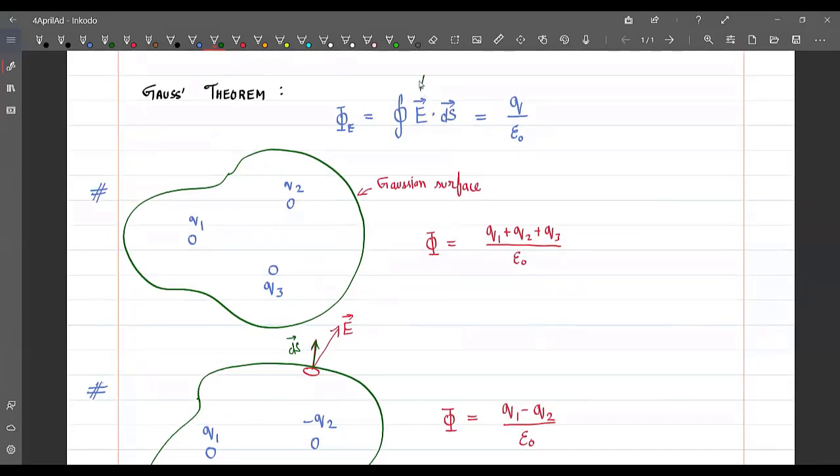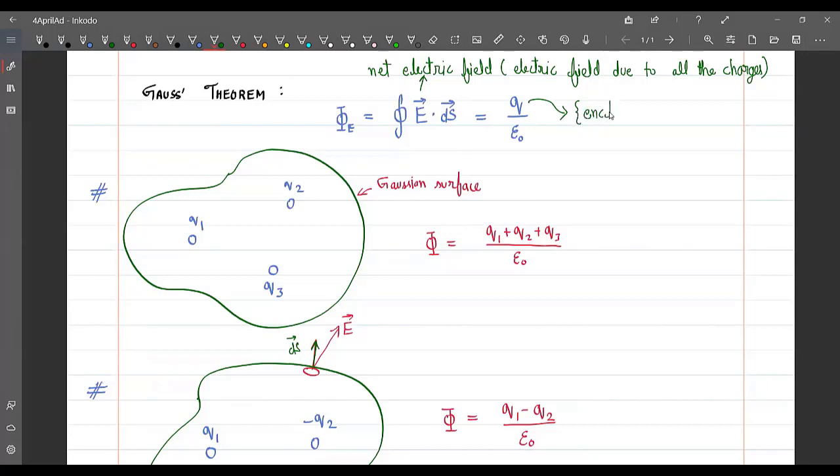So E here is the electric field due to all the charges, or net electric field. And this charge is only the enclosed charge. Now this is surprising, that the electric field is due to all the charges, even the charges that are outside, but it depends only on the charge inside.